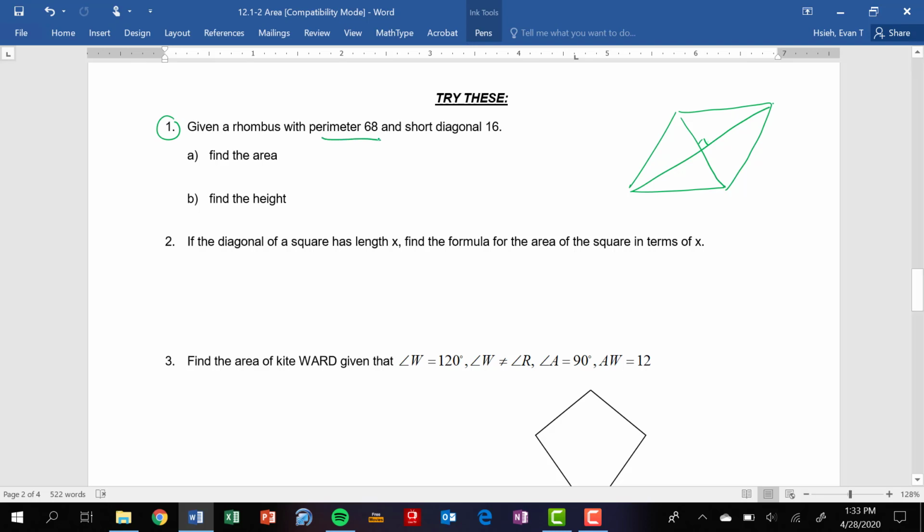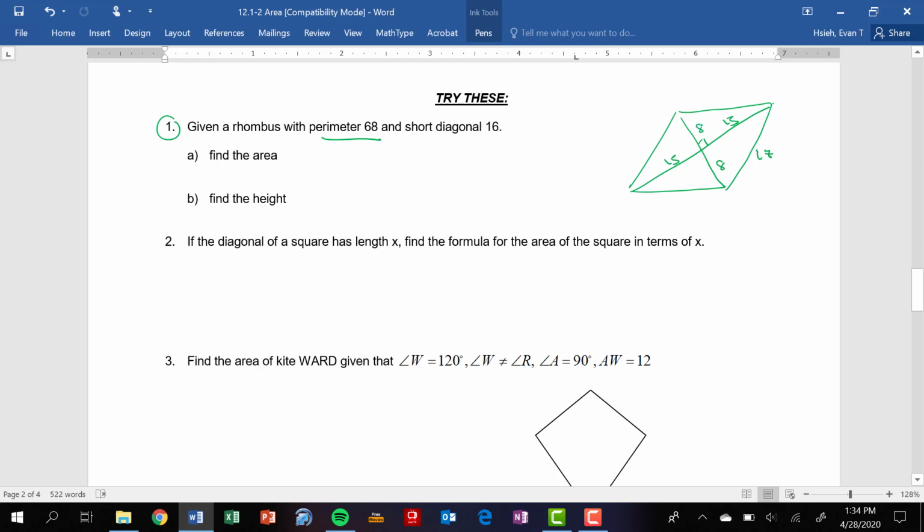And if I have a perimeter of 68 here, that means that each of the sides is 17, and the short diagonal is 16, and I know the diagonals bisect each other, so this must be 8. It's an 8, 15, 17 triangle, so this is 15 and 15, this is 8 right there.